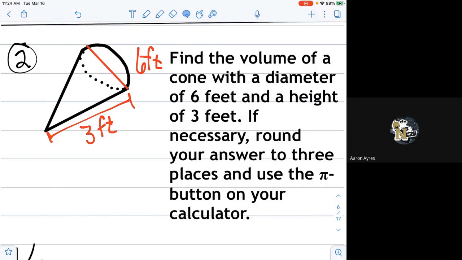If it helps you to shade in your base, you can do that also. This was tilted, so it might be a little bit different looking. Okay, but if it helps you to shade in the shape, the circle shape that's your base, that's fine. Okay.